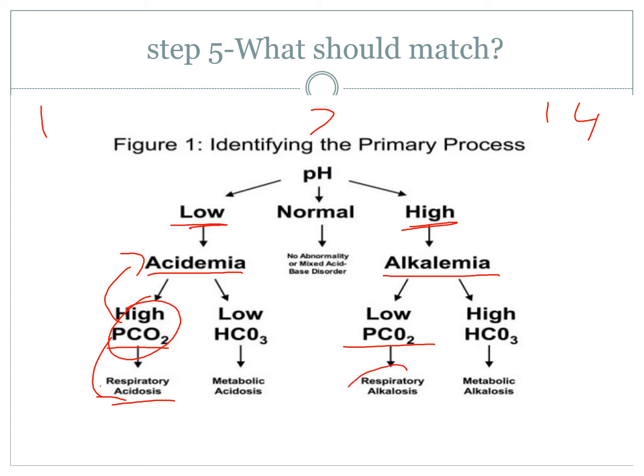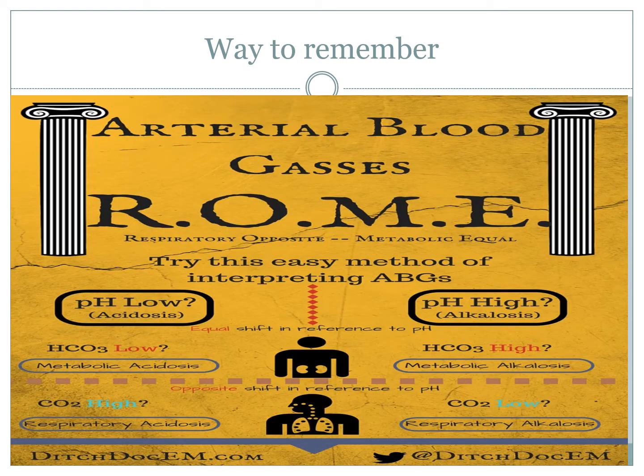Now that is the exact opposite when we're dealing with bicarbonates. Low levels of bicarbonates will cause metabolic acidosis, and high levels of bicarbonates will cause metabolic alkalosis. So a nice easy way to remember it, because we all love acronyms, is to think of the acronym ROME, R-O-M-E. And that will tell you that based on the pH, your respiratory values are opposite and your metabolic values are equal.